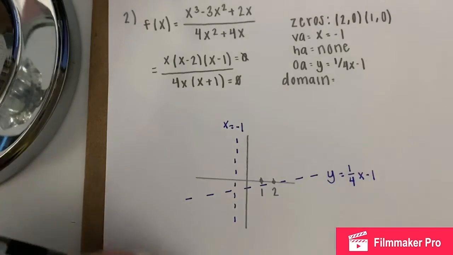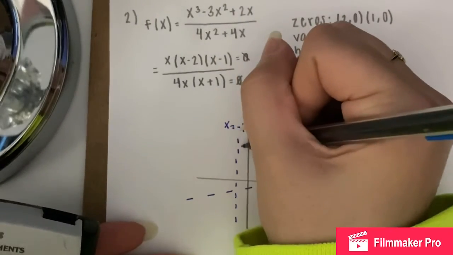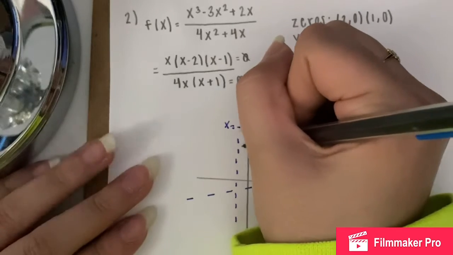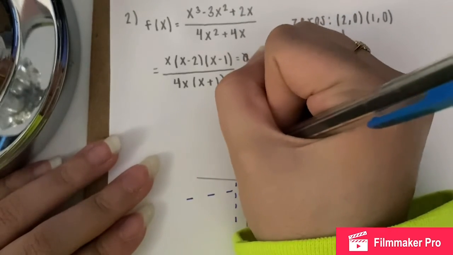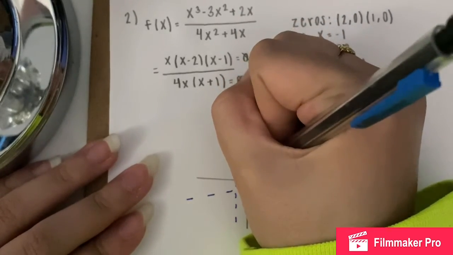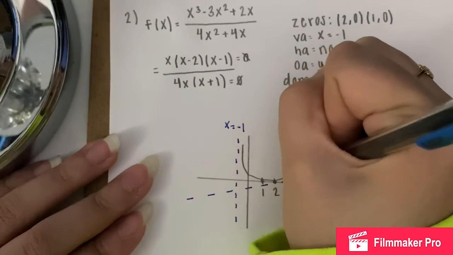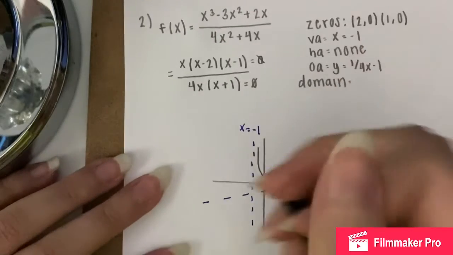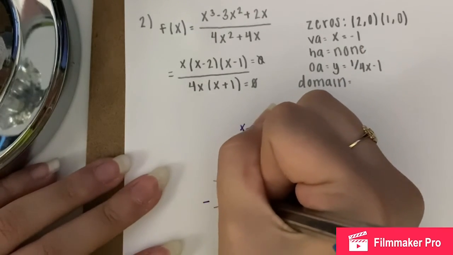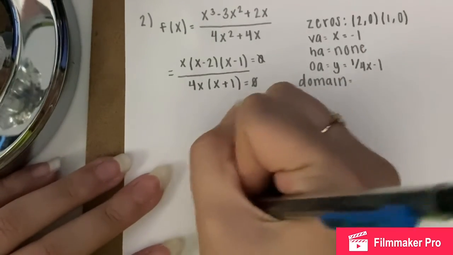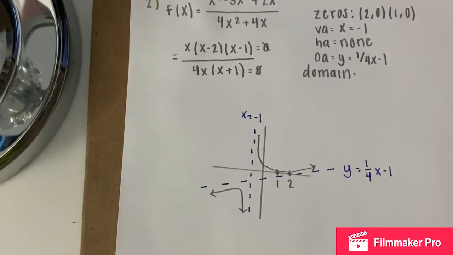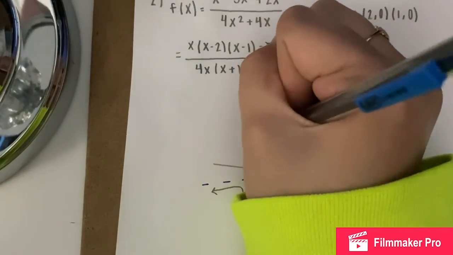So like always, it's not going to cross the lines. It's going to go down from here, not going through the 0, going through the 1 and the 2, and back up against those lines, and then like that. Oh, I almost forgot the arrow here.